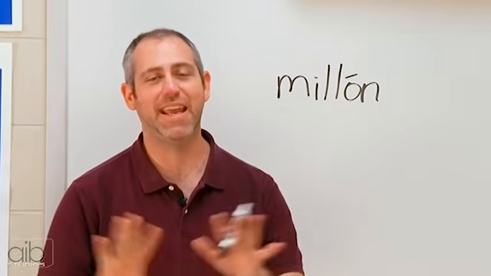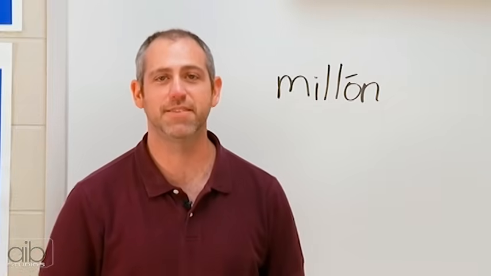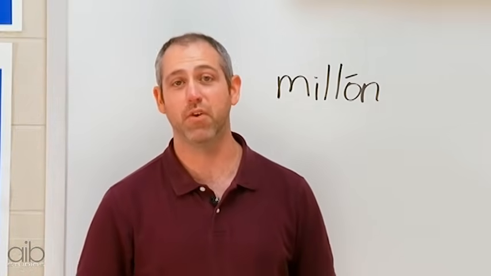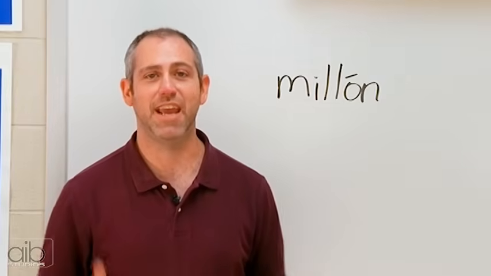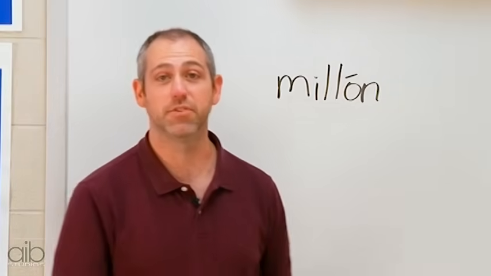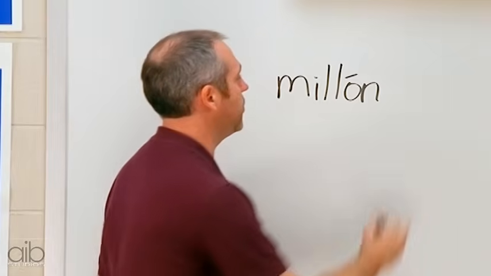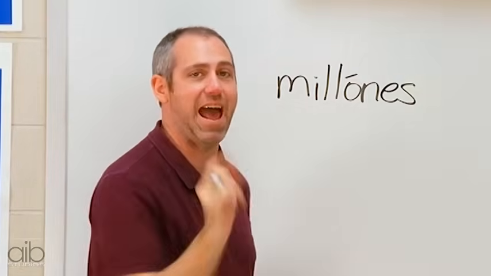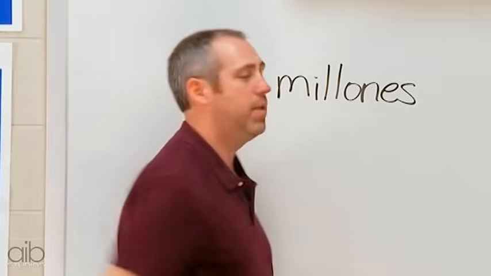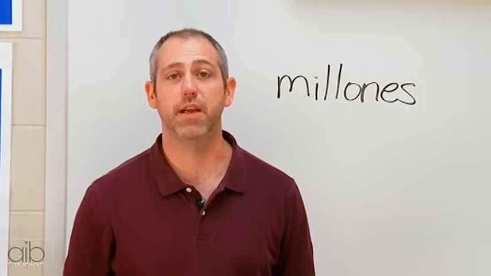But we don't have to make any other changes. We get to stick with our basic numbers. So 5 million, 7 million, 9 million, those aren't rule breakers. We just say simply 5 and millions. But we have to add an ES to it like this. And when we put the ES on it, the accent goes away because it's no longer necessary.